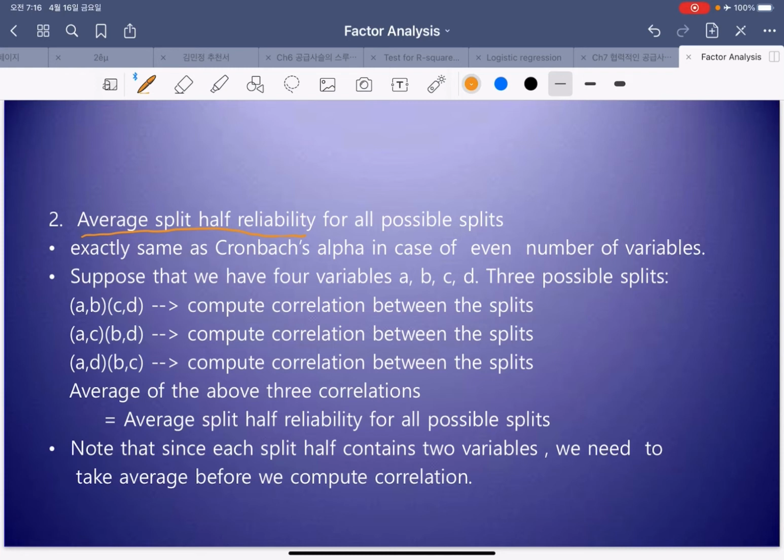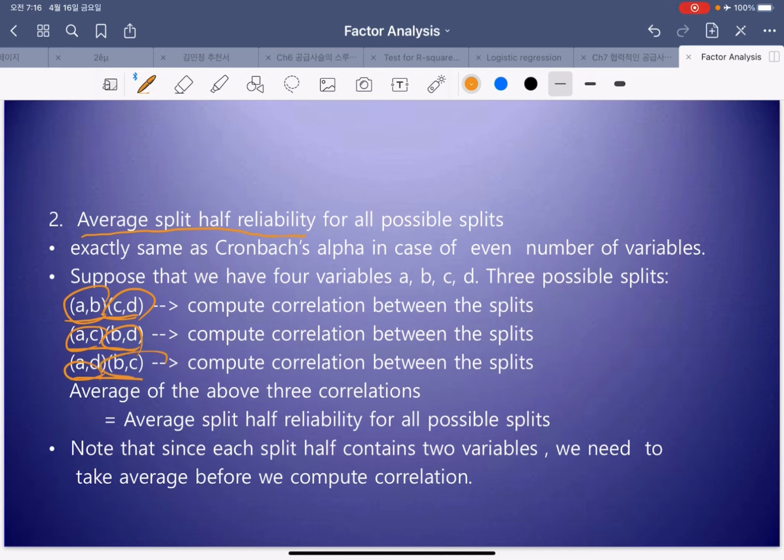So we can think of this case, and then you compute correlation between the splits, right? So you want to compute correlations between these two, right?